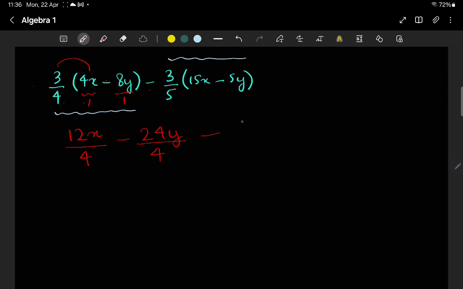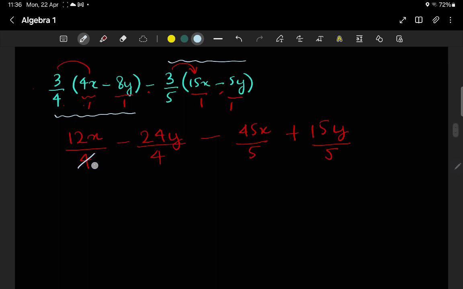we write the minus sign, and then 3 times 5, 3 times 15 is 45, and x, and here we have 1, so 5 times 1 is 5, and then minus plus, so 3 times 5 is 15, y over, and here we have 1, 5 times 1 is 5. So here we will see if we can cancel.